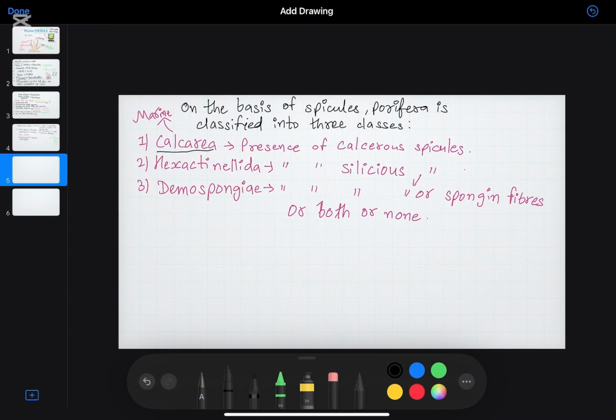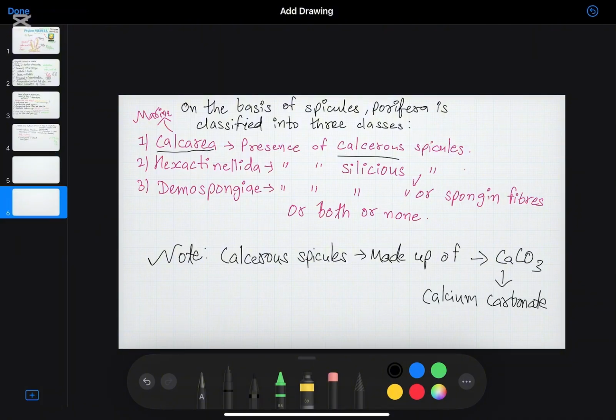Calcarea has the presence of calcareous spicules. Correct. And do you know what calcareous spicules are made up of? Calcium carbonate. So the question was which class of sponges has calcareous spicules made up of calcium carbonate. So what will we write? It is Calcarea.